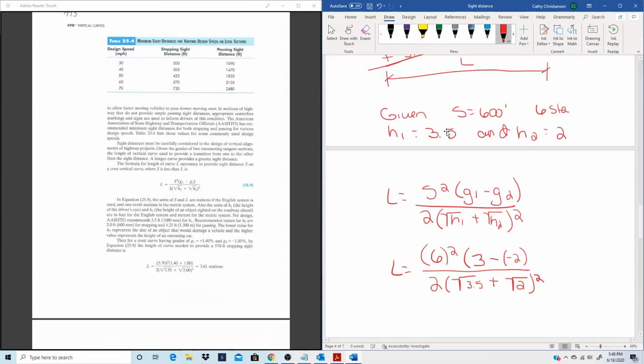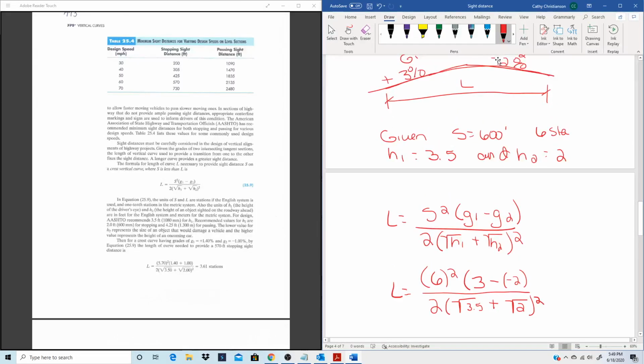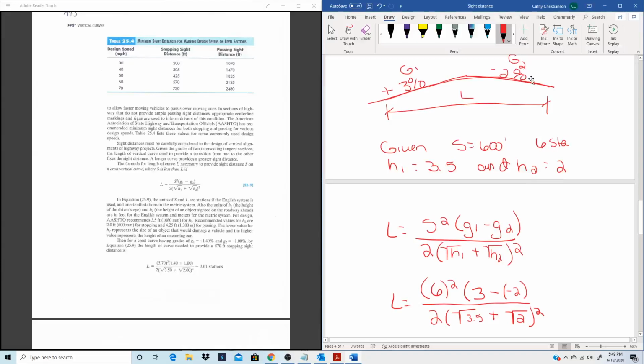They gave us G1, which is 3%. It gave us G2, a negative 2%. H1, they gave that to you even though I told you what they should be right here based on AASHTO. They told you it's 3.5 and that H2 should be 2, which is right here.